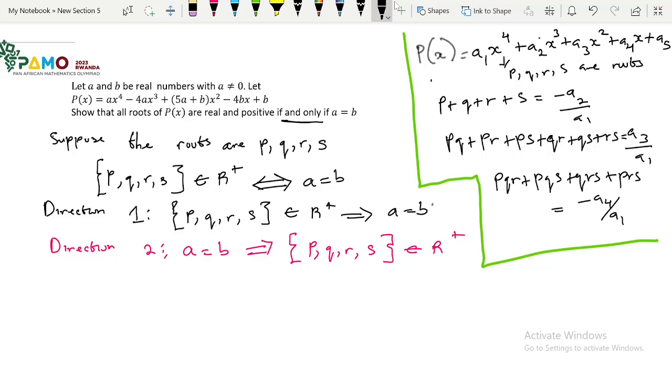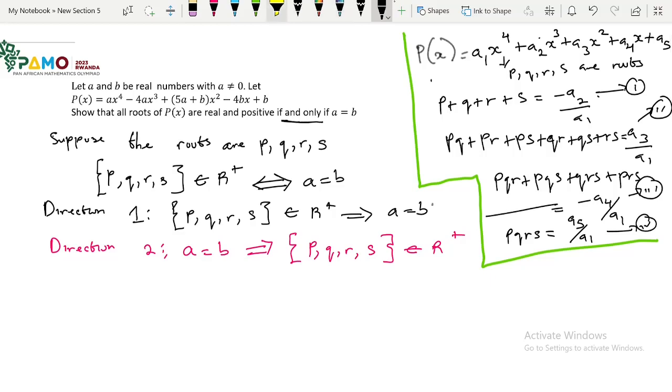So you can see it's alternating between minus, plus, minus. Then the last one is just pqrs. When you take the four at a time, it's only just one, so that's a5 over a1. So these are Vieta's formulas. We can call these 1, 2, 3, and 4.